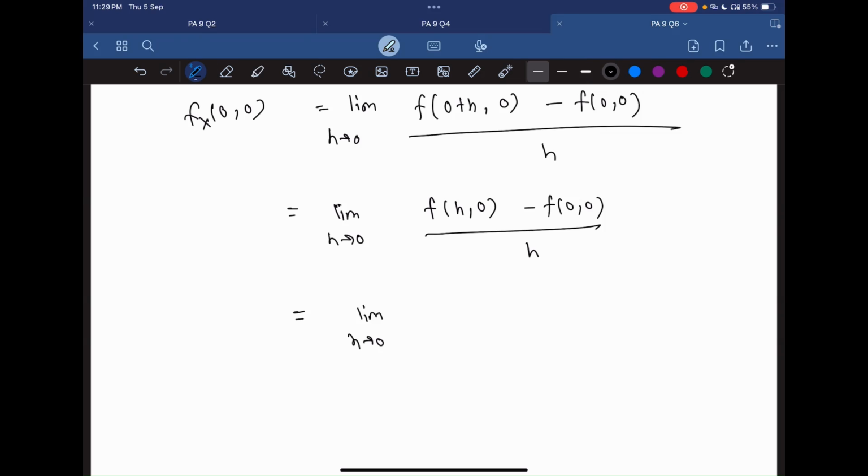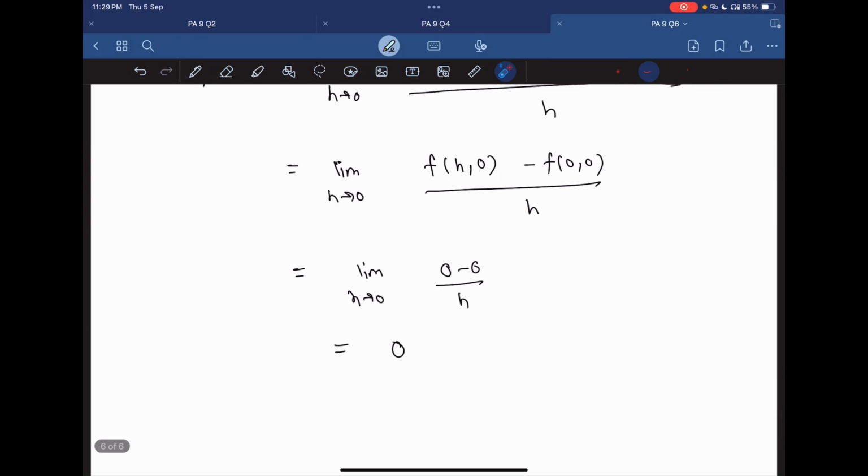So it would be 0 minus 0 by h, so we will get 0. So the partial derivative with respect to x exists, but we know that the limit at 0 comma 0 does not exist, so the function is not continuous.